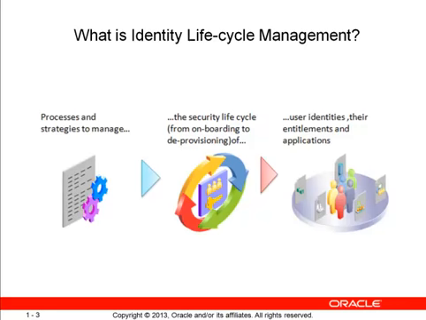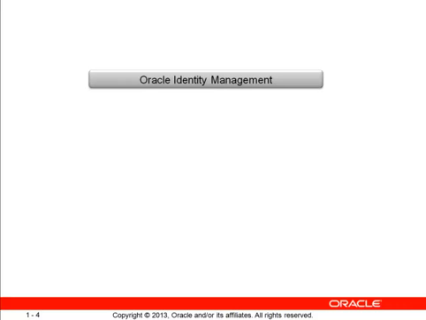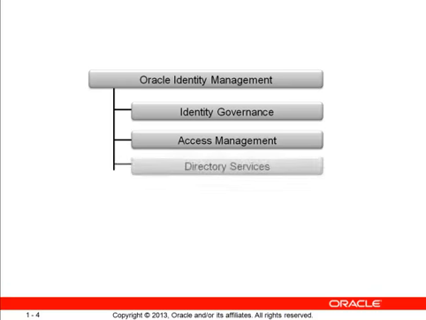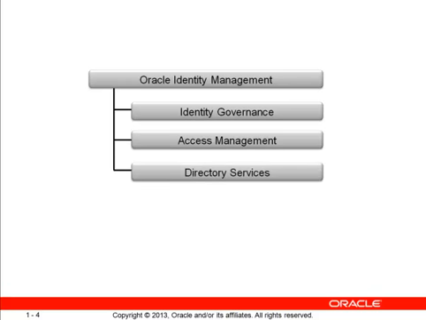Oracle categorizes identity management into three buckets: identity governance, access management, and directory services. All of them work in parallel to achieve a robust identity management solution. Identity governance enables management of user, role, and organizational identities and their associated attributes and entitlements.